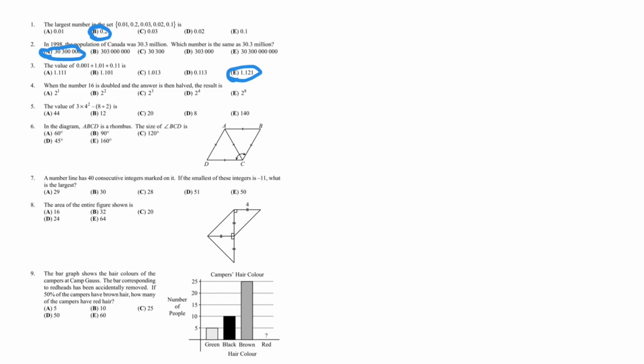Number 4, when the number 16 is doubled and the answer is then halved, the result is? First, doubled means times 2, and then the answer is halved, that means times 1/2, so cancel 2, still 16.